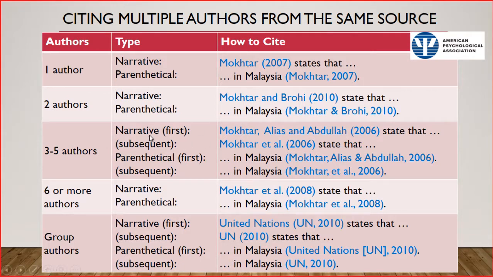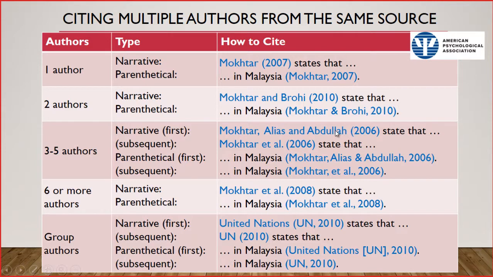Now, first, if it is 3 to 5 authors, you must list the names of the authors. For example, Mohtar, comma, Alias, and Abdullah, 3 authors. If there are 4 authors, Mohtar, comma, Alias, comma, Abdullah, comma, Razak.